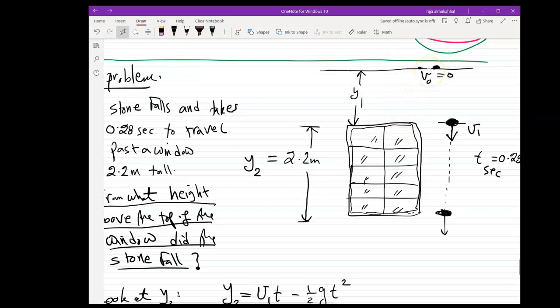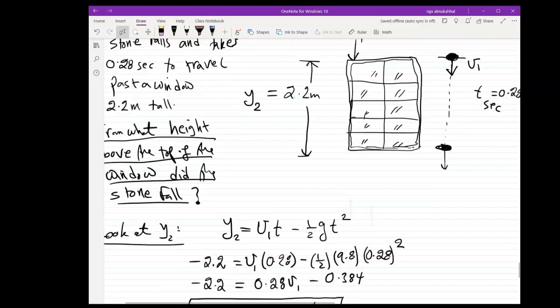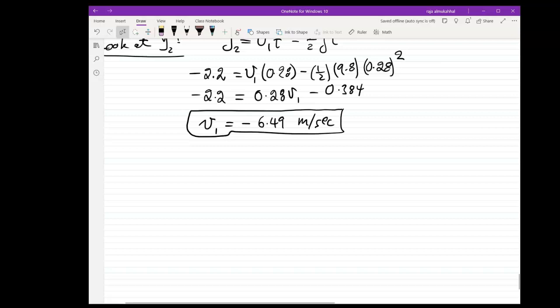The stone was thrown from some height, say the roof of the building, and I know the initial velocity is 0. And the final velocity right before it's at the top of the window is v1. I already found it. Well, I can use kinematics to find y1. Which kinematic equation? The middle one, the one that doesn't contain time. This one.